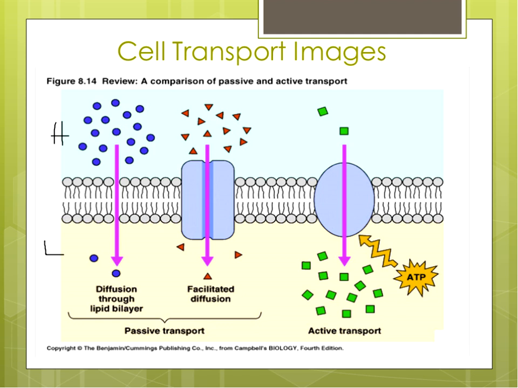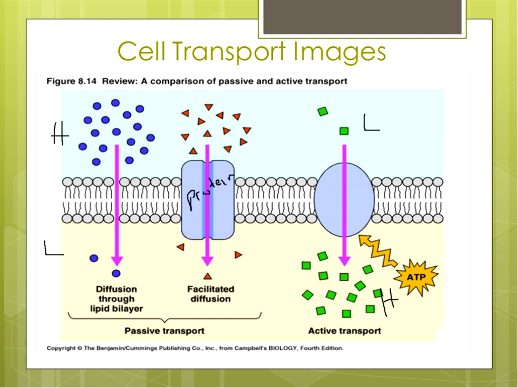Facilitated diffusion is the same thing, but with the help of a protein. The protein helps it move across. Active transport, remember how it's the opposite? It goes from a low concentration to a high concentration. And in order to do that, you need help.